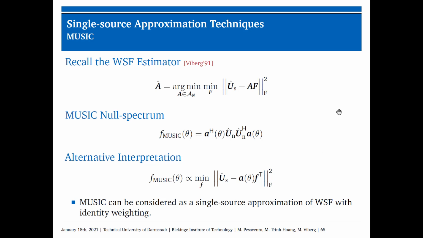Up to now, we see that several popular spectral-based DOA estimators have been reinterpreted as a single source approximation of the corresponding optimal parametric methods. In each direction, we consider only the contribution of one candidate direction while neglecting the remaining sources.